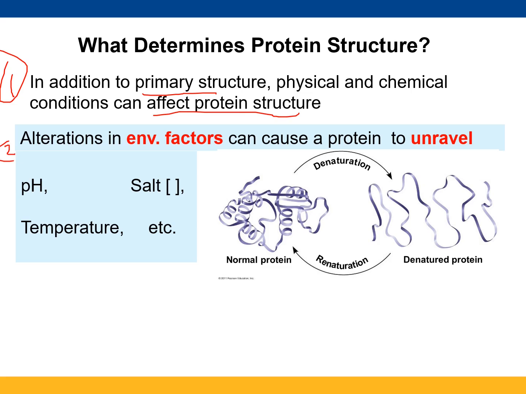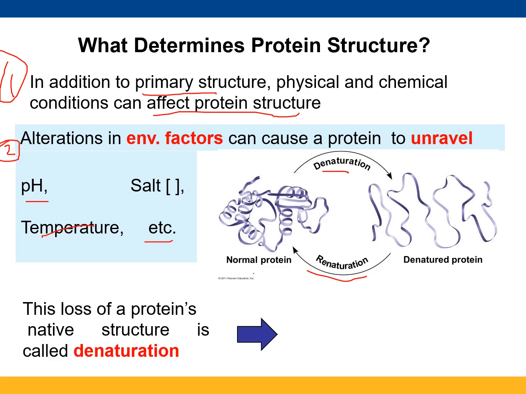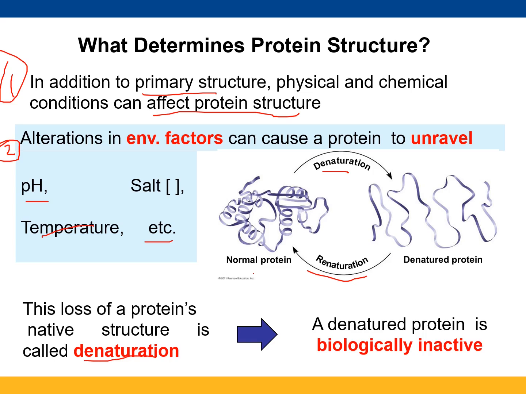Changes in the environment, like pH, temperature, etc., can affect the normal shape of the protein, and you can denature it or renature it. The loss of protein native structure is called denaturation, and this will cause the protein to be biologically inactive.